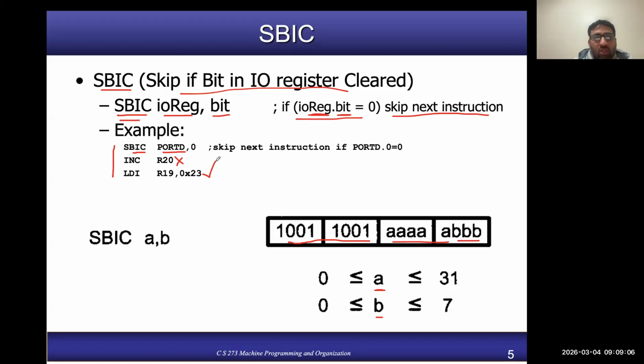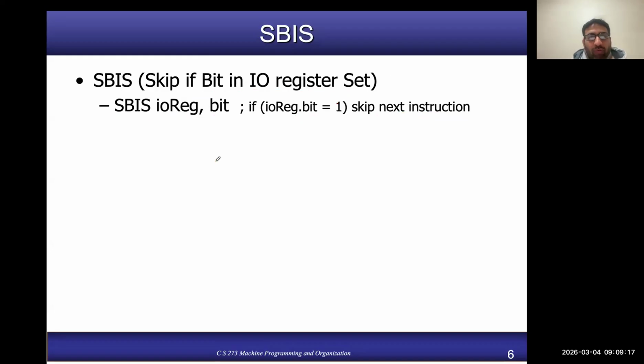It just skips the next instruction in the sequence if the bit at the given index of a given register is equal to 0. We have a complementary instruction which is named SBIS. It is like skip if bit in IO register is set. Previously we were skipping the next instruction if the bit in the IO register is cleared, but here we are testing it for the value of 1.